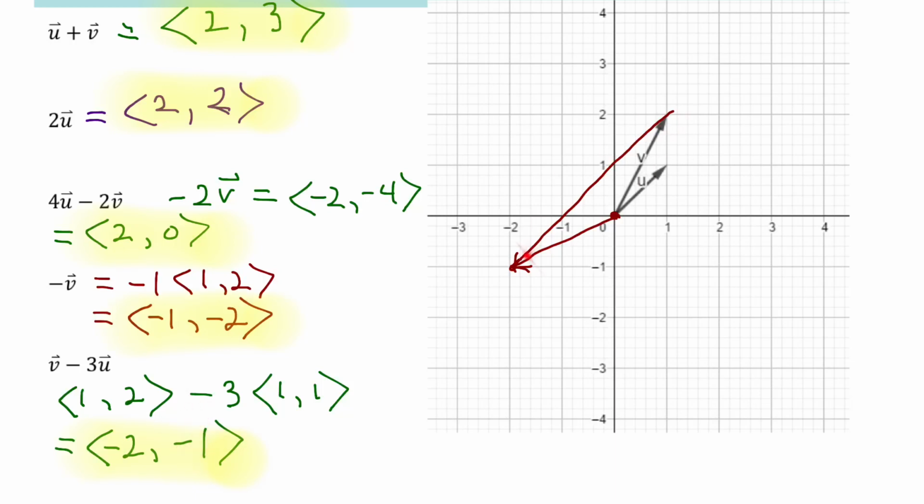So this is the diagram of what we did mathematically. Okay, so that's how we draw and configure vector scalar multiplication, which looks like this, multiplying by a constant, and vector addition or subtraction, which is basically the same operation, which looks like this, and in the tip to tail configuration on the diagram.